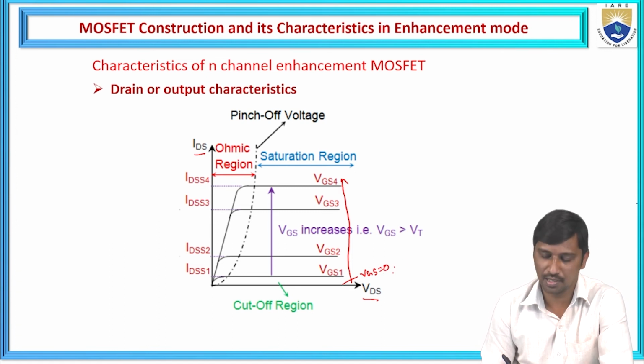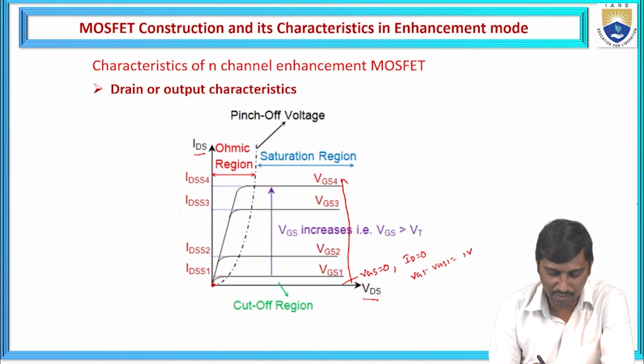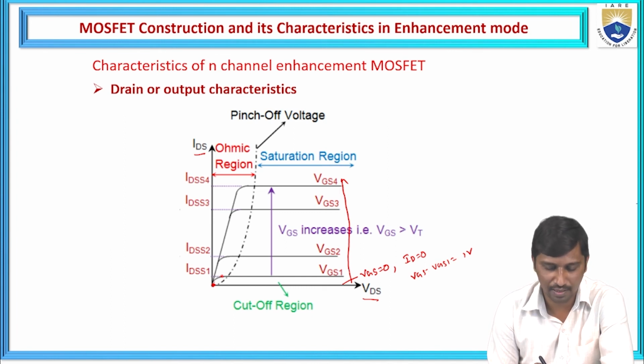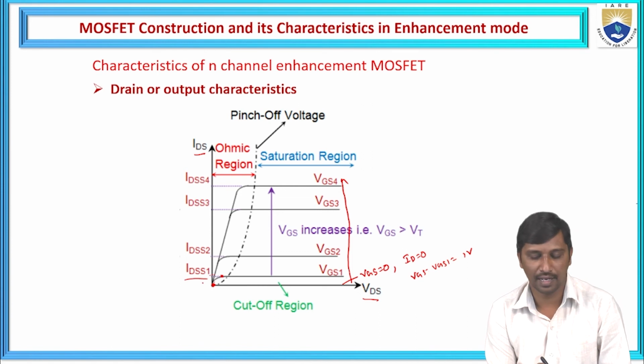When VGS is 0, the drain current is also 0, so this point is represented as drain current 0. When VGS is some VGS1, say 1 volt, the drain current is very small. Whenever it reaches the maximum voltage, the current becomes saturated. This point I represent as IDSS1, the drain to source saturated current.